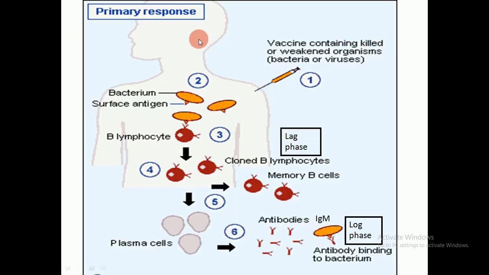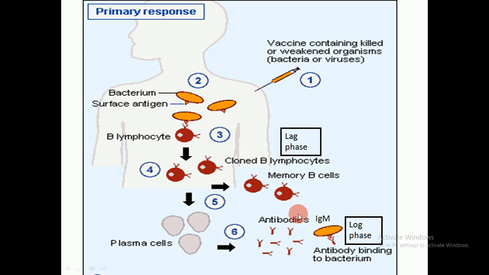This figure shows us that a vaccine containing killed or weak pathogen, when this is the first exposure to this antigen, leads just to the primary immune response.